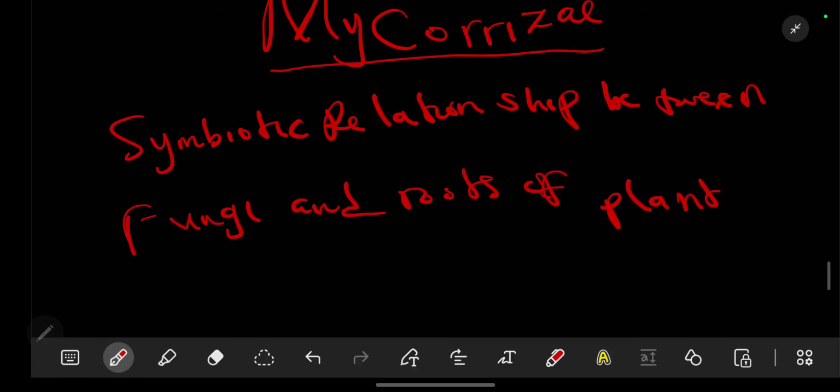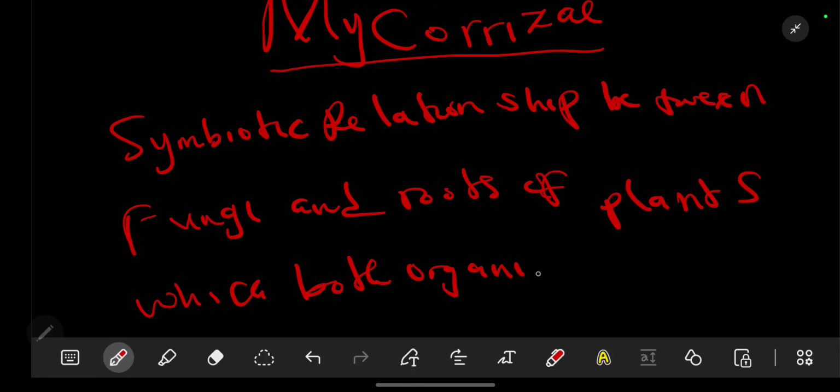Now in this case, both organisms benefit. So both of them will benefit.